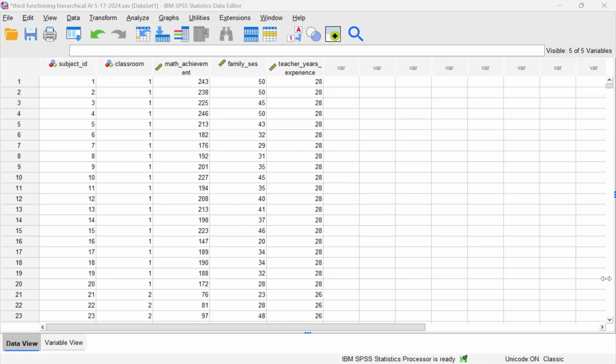And the estimate is 3.2, and it is significantly different than 0. This is a significant predictor, and it is positive, which means that for every 1 unit change in family SES, you will get 3.2 units increase in math achievement. It's a positive predictor.